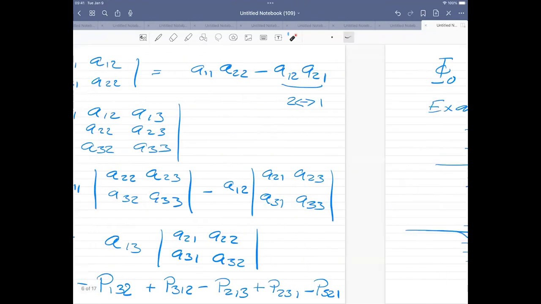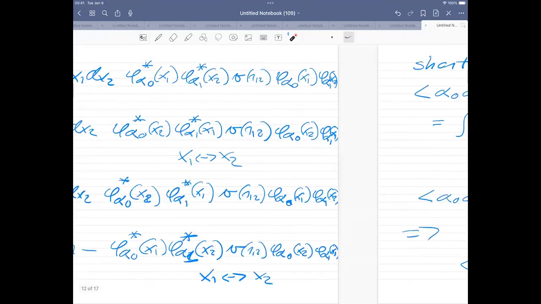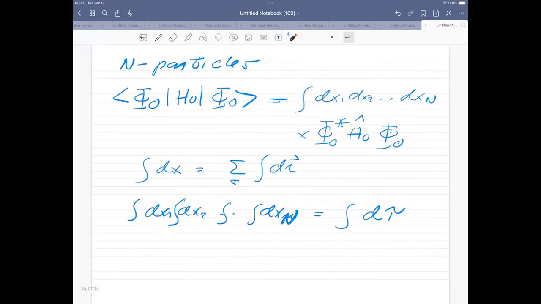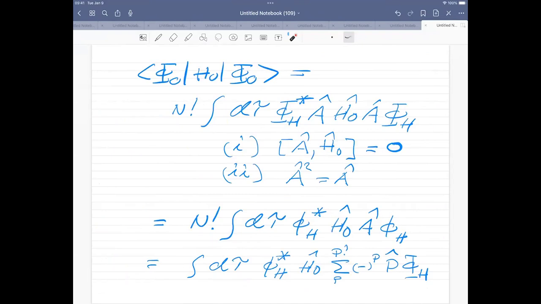I know the notation is a little bit compact, but I hope that the 3×3 determinant can aid in developing some intuition about what we mean with this sum over P here. It's just a way to rewrite the determinant in a more compact way.